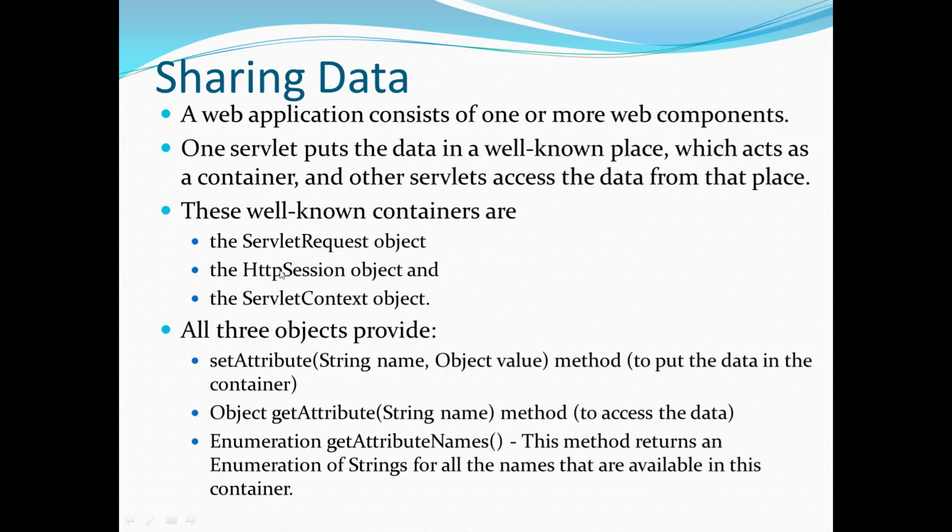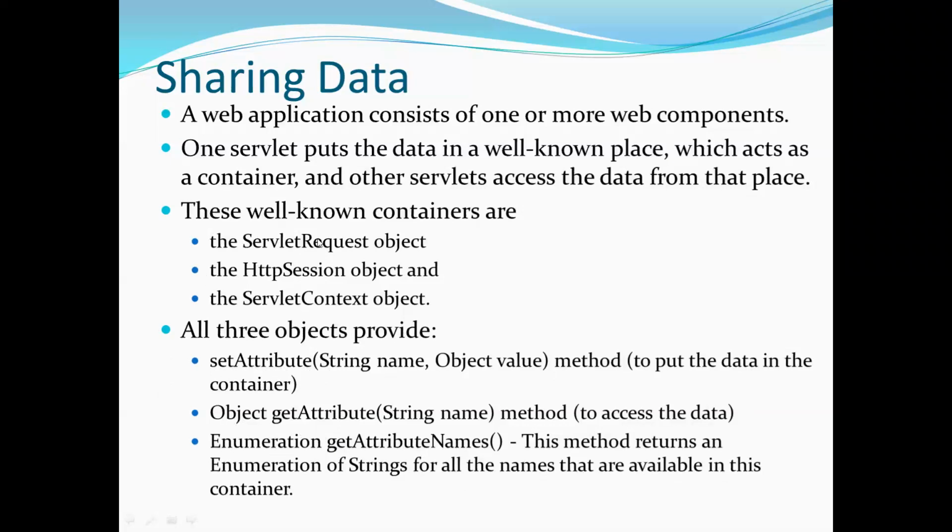We'll see what HTTP session is. And the third one is called the servlet context. All three objects provide a method called setAttribute. We have already seen how to set the value into the object and how to get the value from the object. Or you can use getAttributeNames and it will return an enumeration of strings, and then you can get the values by using those names.